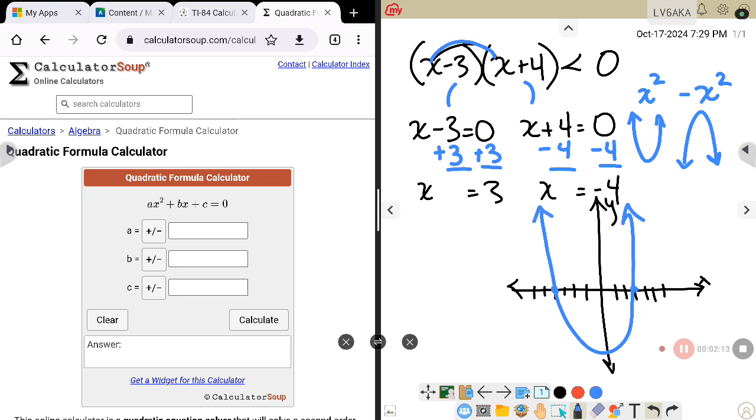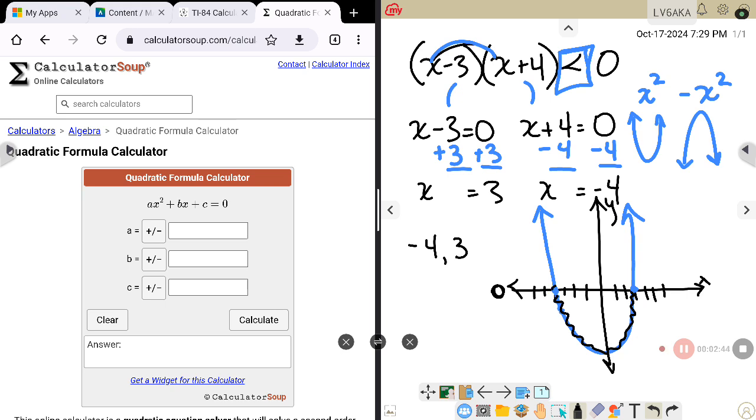Now, this question is wanting to know on what interval is this less than 0. Well, 0 is your x-axis. So the part that is under the 0 is the part that's below the x-axis, which means starting at negative 4, it goes below, and it stays below until it gets to positive 3.